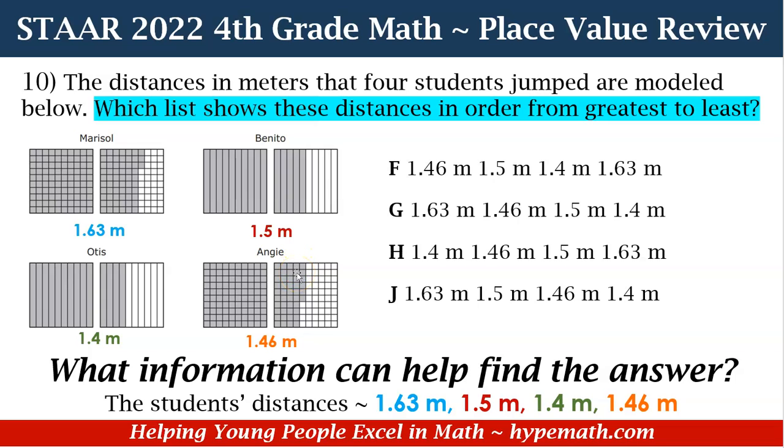And then we need to count the blocks, because you see this column isn't fully shaded, it's partial. So let's count these blocks. That's 1, 2, 3, 4, 5, 6. So Angie's distance is 1.46 meters, or 1 and 46 hundredths meters.